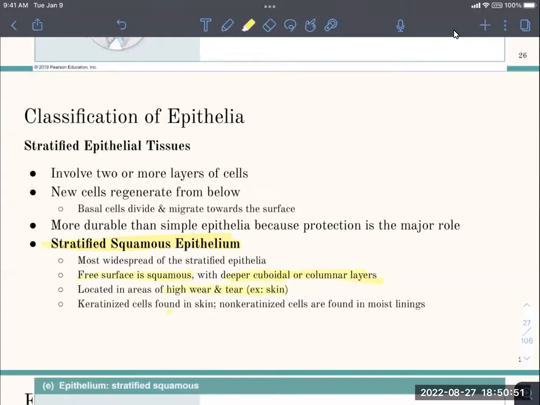Your skin is always undergoing some kind of tension or stress or something. In your skin, these cells are keratinized cells. But if these cells are facing some kind of internal surface, they're non-keratinized, and they're found usually with moist linings inside your body.